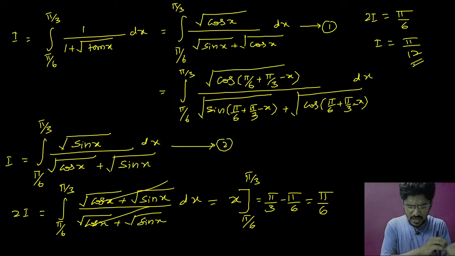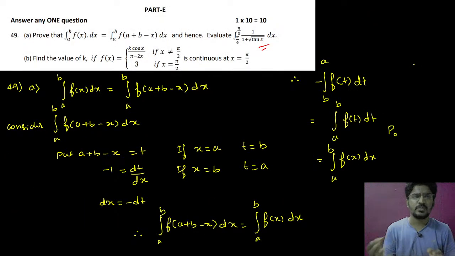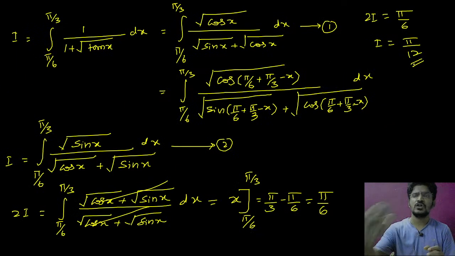So quickly give me thumbs and smiles if you have understood this, so that we can go for the next problem. Have you understood this? Very simple problem, on properties of definite integrals. Don't worry.